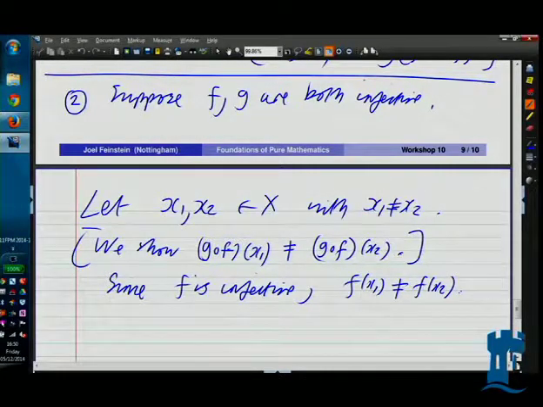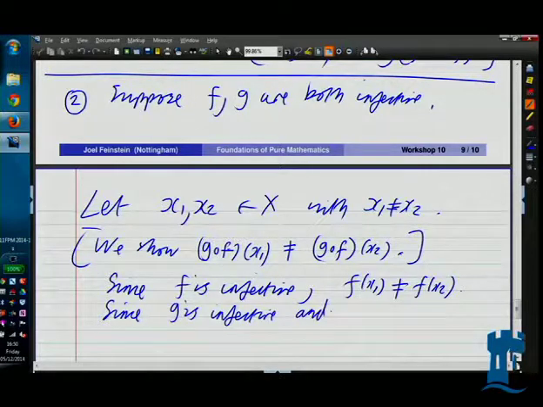But now we use the fact that g is injective and that these two are different. Because these two are different, if you apply g and g is injective, then you're going to be different again. Since g is injective, and just to make it even clearer, and f of x1 not equal to f of x2, we have g of f of x1 is different from g of f of x2.